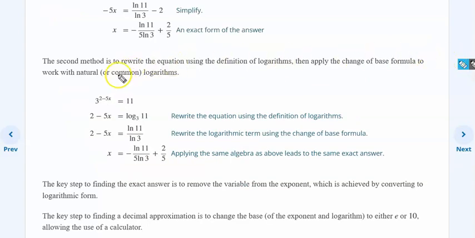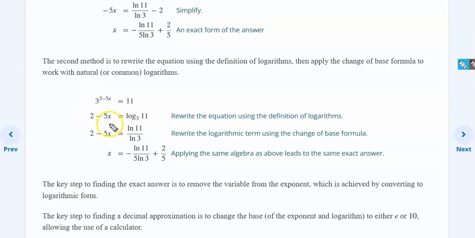Now, another method to do this is just to go from its exponential form into an equivalent log form, where we say the base 3, log base 3 of 11 is equal to the exponent.